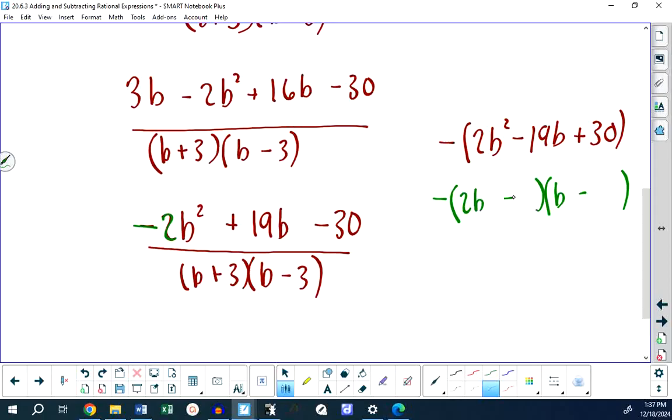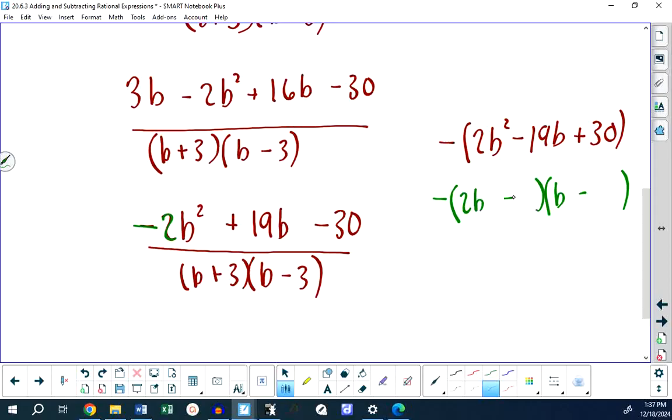Negative 3 and negative 10. Put in the right places. Just a second here. I don't think it does. Negative 3 and 10? 15 and 2. I think 15 and 2. And the 15 is going to be here, and the 2 is going to be there.